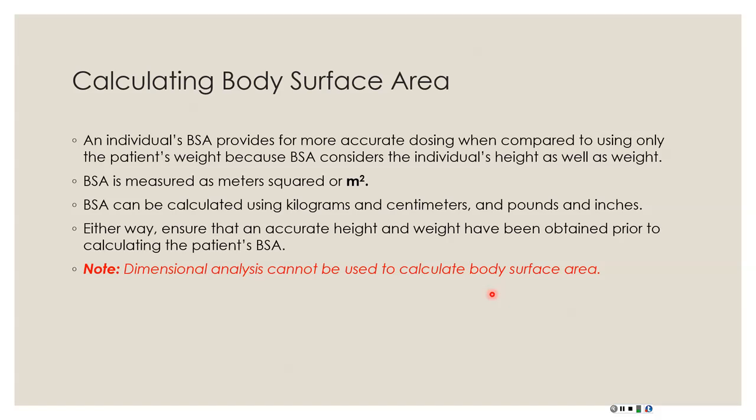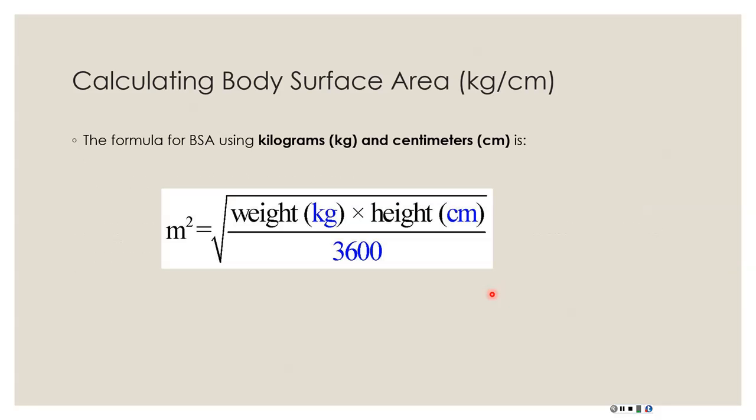One thing to note about body surface area is that this cannot be done with dimensional analysis. So I'm just going to teach you the formula, and then oftentimes once you are able to solve for meters squared, you'll then enter that into your equation, and then that's where you'll use dimensional analysis. There's two formulas that you need to know for body surface area. When we look at kilograms and centimeters, a lot of times we don't use kilograms and centimeters as much in the United States.